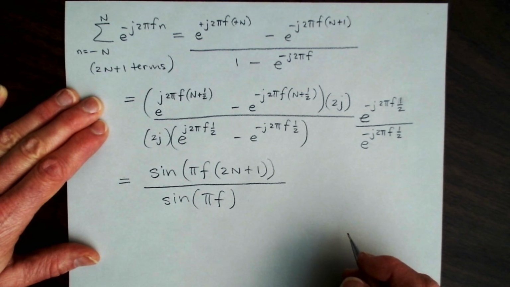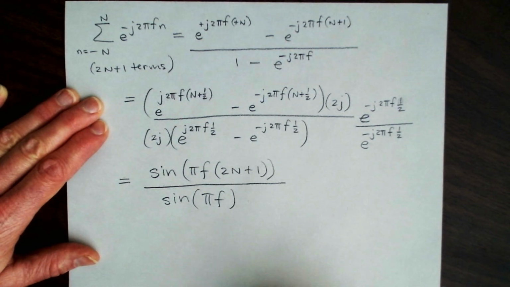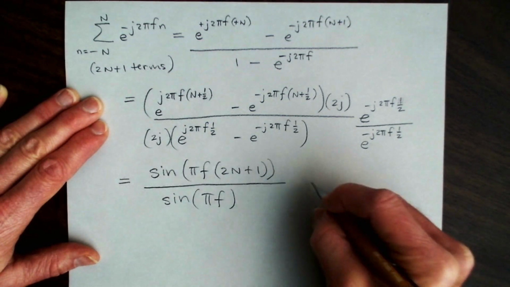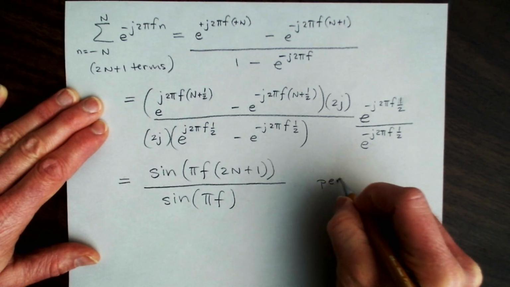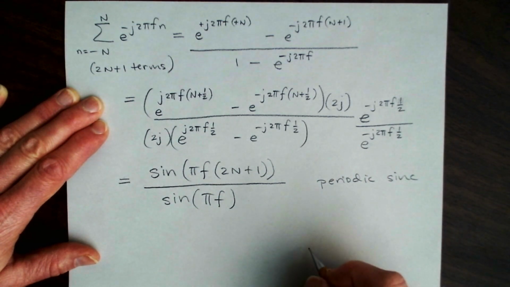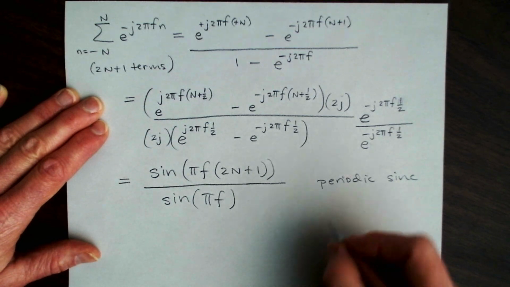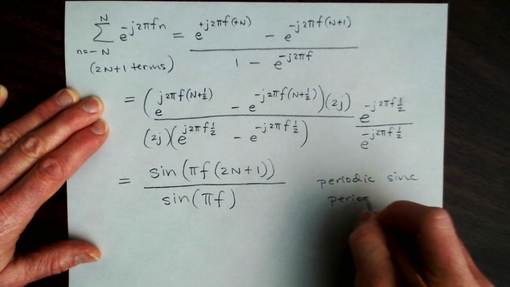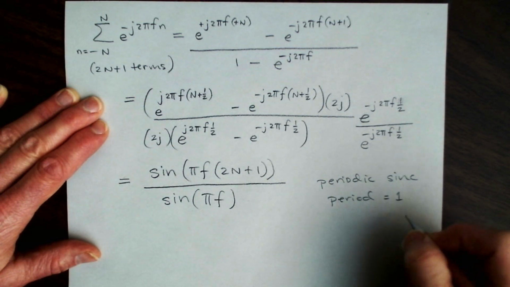Another thing to notice, another skill to have, is to be able to sketch this sinc function. By the way, this is called a periodic sinc because it's a periodic function with period equal to 1.